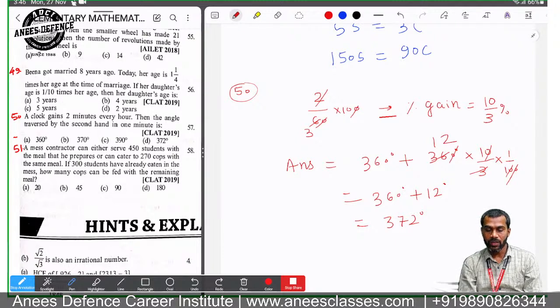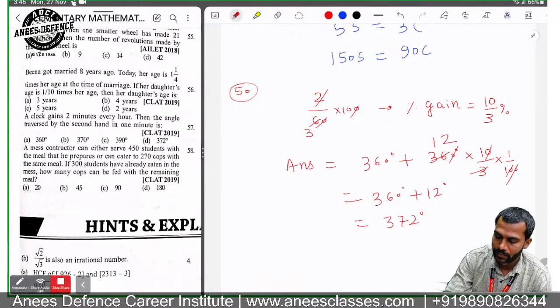If her daughter's age is 1 by 10 times her age, then her daughter's age is. Okay. See, very easy.